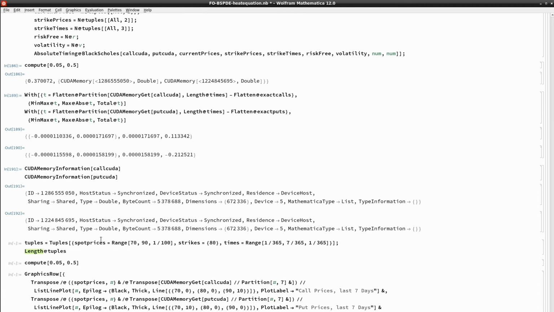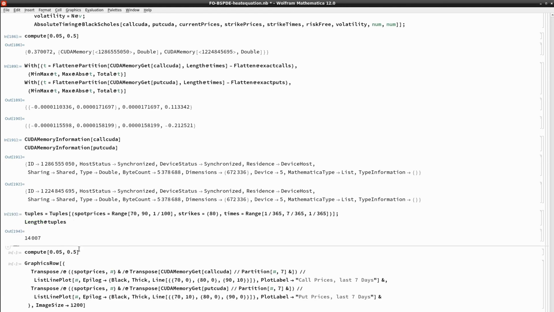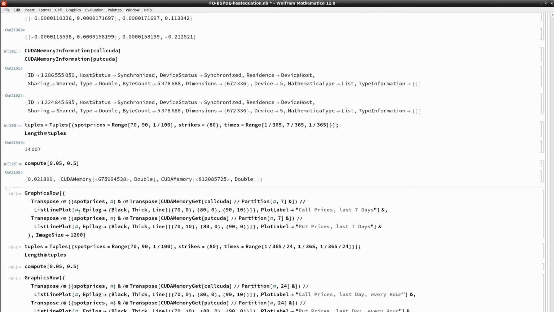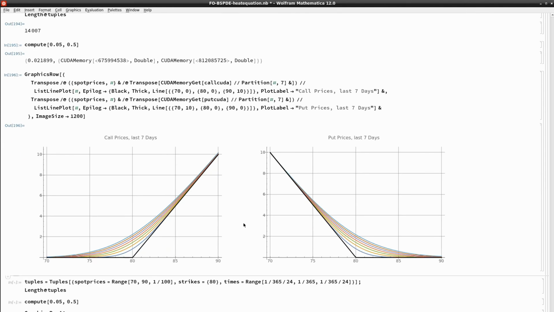So in the next example, I want to show you that we can get the expected behavior, the expected shapes, similar to the plots that we have computed above. It was very fast to compute. It took 22 milliseconds, and we get these option prices as we would expect them.